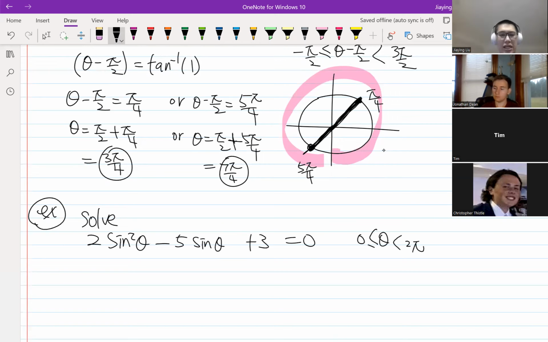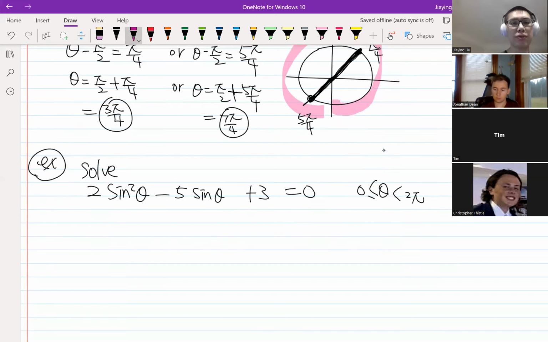Now, if you look at it, this should be something familiar, right? It's like 2 times something squared minus 5 times something plus a constant equals 0. That's exactly what quadratic equations look like. But here, instead of having x, we have sine theta. So what we can do is use substitution.